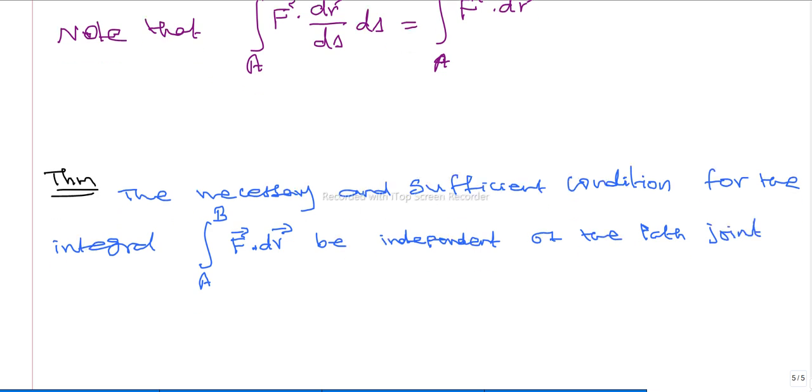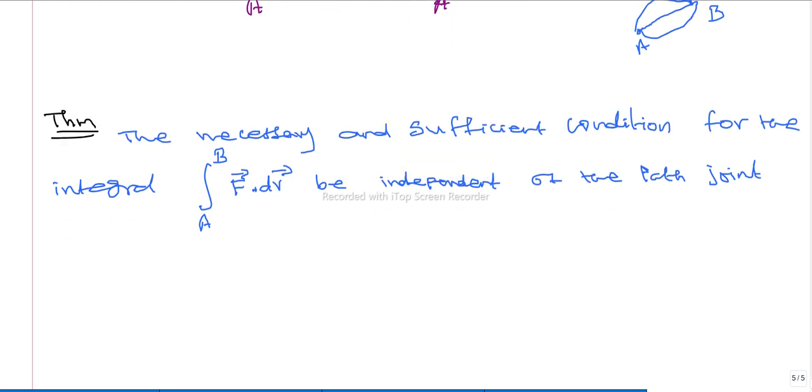If you give any two points a and b, we have so many paths connecting them, either a line or some curve. The integral value is independent of the path only when capital F is the gradient of some function.